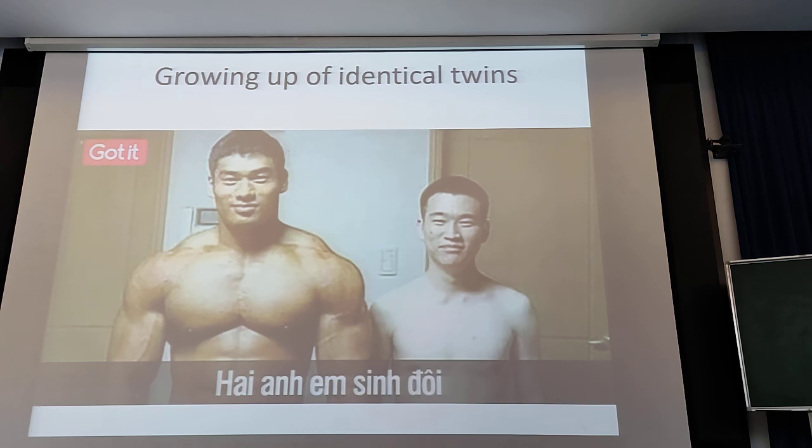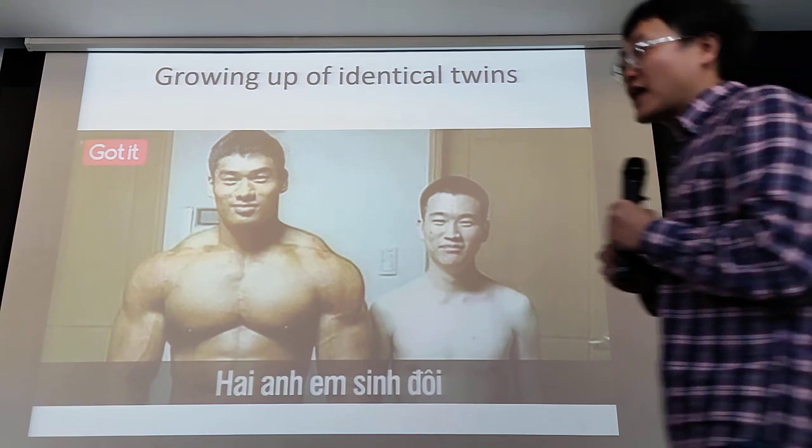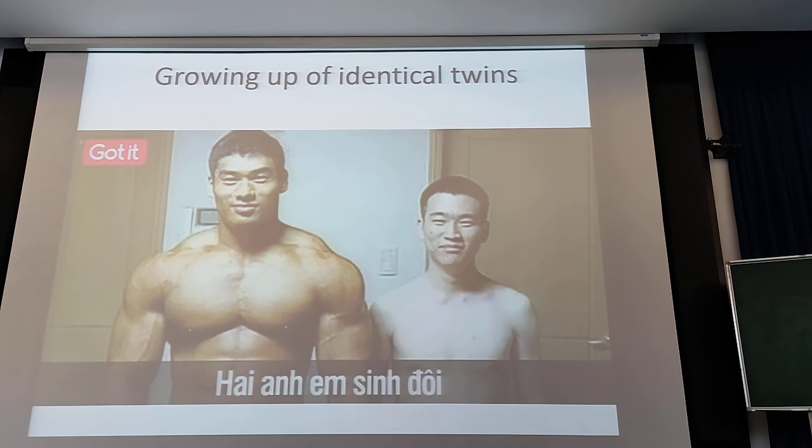So, in this case, yes, if you are wondering, this is an identical twin, the monozygotic twin. But we can easily, clearly distinguish which one is which, right? Because they are different in height, in the percentage of muscle, and so on. So, the genetic factor is just one thing to control.